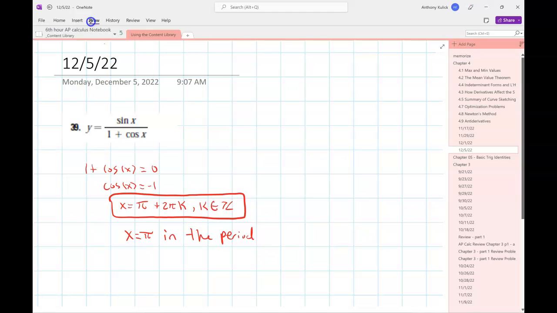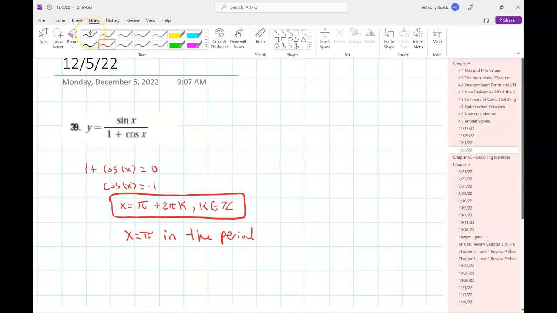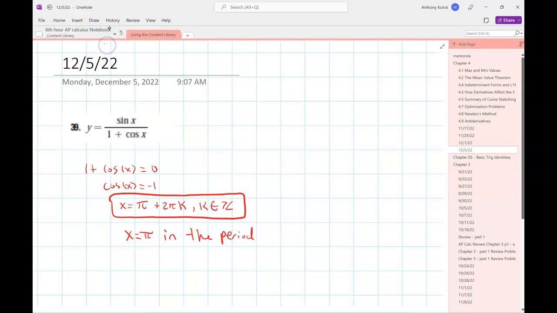Did you have more on 39? I don't understand, because the way that I did it was I tried to evaluate the limit. But I guess I don't think I need to do that.